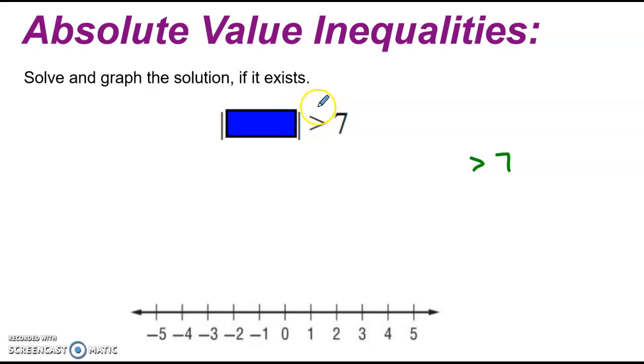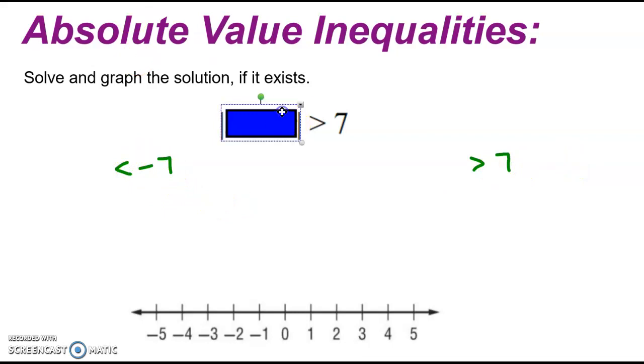Numbers like negative 8, negative 9, and negative 10. In other words, numbers that are less than negative 7. So I changed the sign of this 7 and I flipped the greater than around to a less than, because I know that anything less than negative 7 is going to make this statement true. So this part here just stays the same. The tricky part is flipping this around.